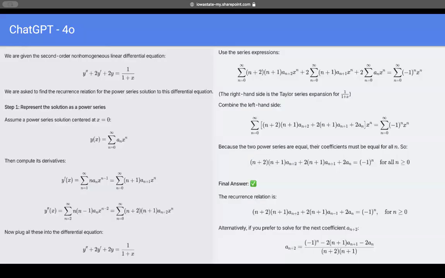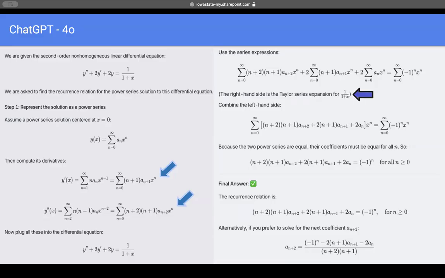So, on to ChatGPT. So, what do we have here? It goes ahead and computes the first two derivatives of our supposed series solution and re-indexes them so that we're starting at n equals 0 for both of them. That's nice.